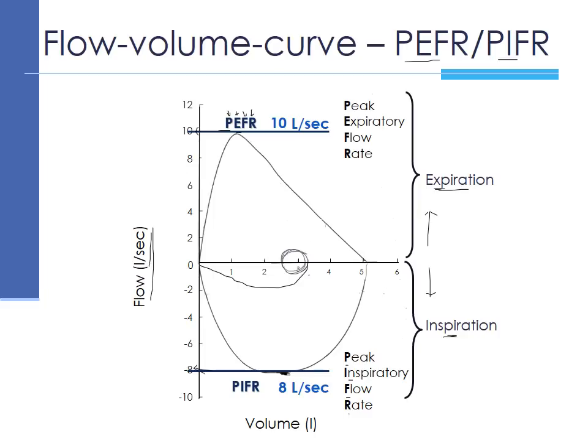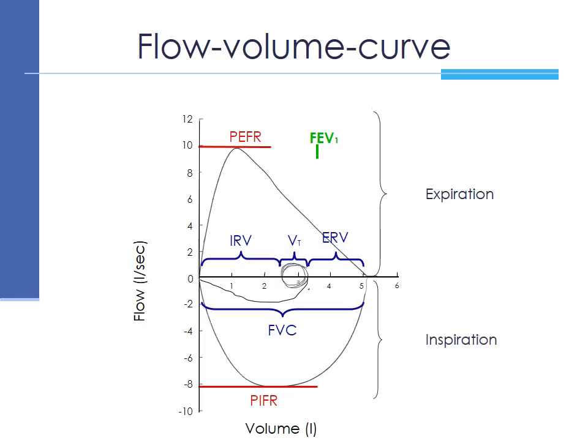Remember, because we were reading off of the y-axis. Note that it's 8 liters per second and not minus 8 liters per second. Remember, we said that the minus sign just shows a change in direction from expiration to inspiration. This is just a summary of all of the different volumes and the different flow rates that can be obtained from a flow volume curve.